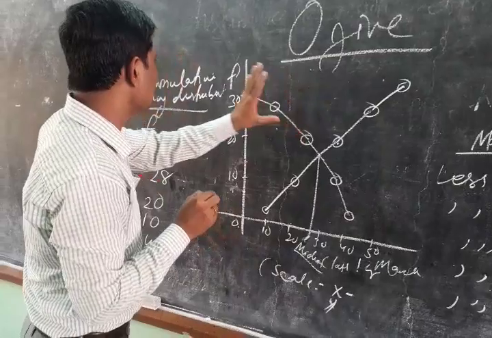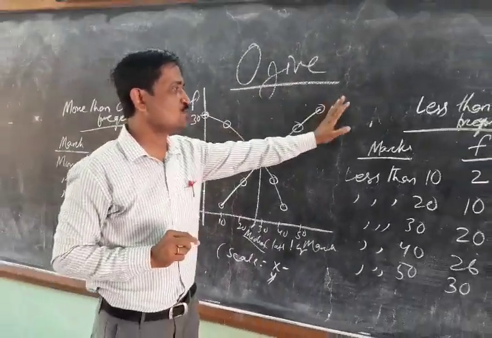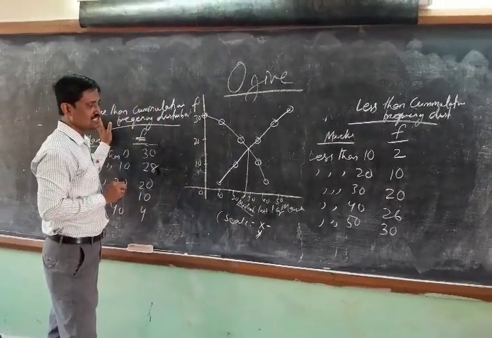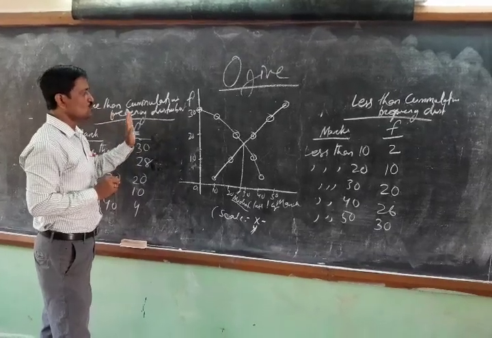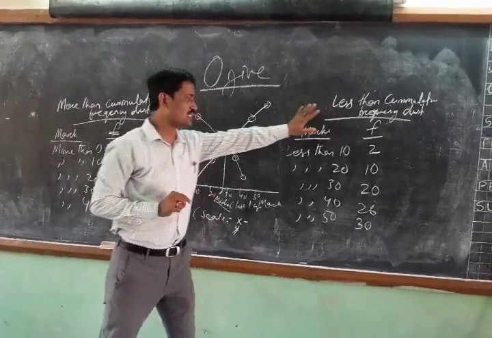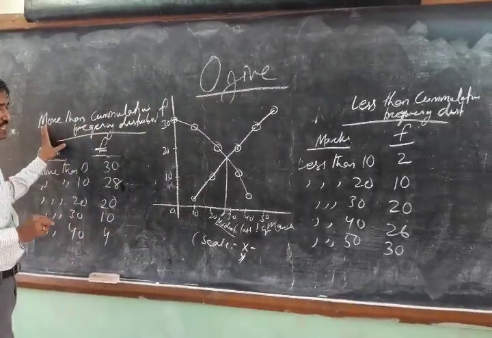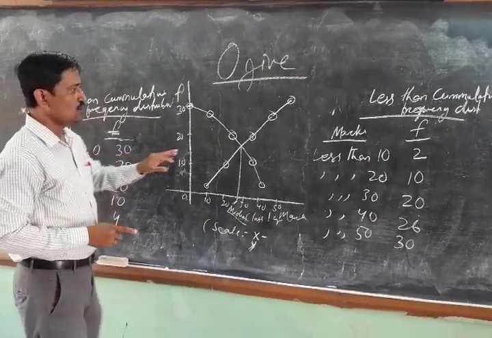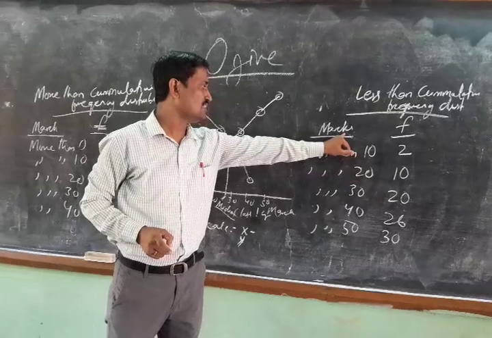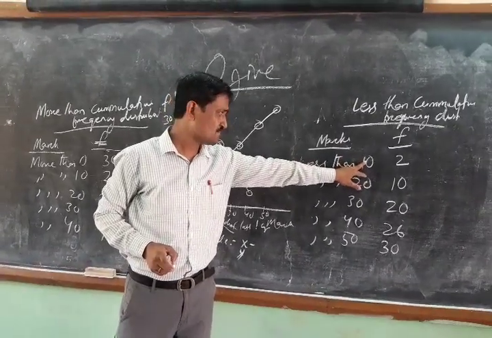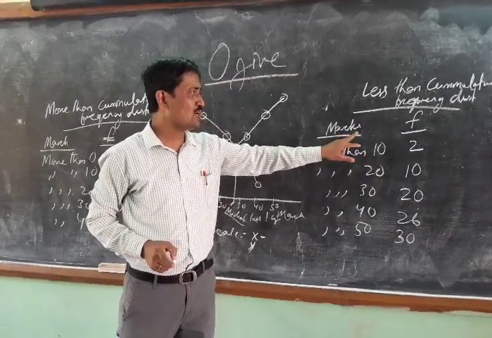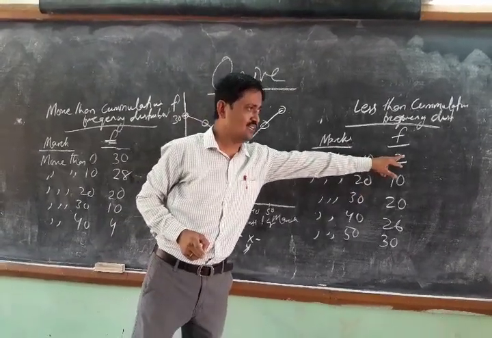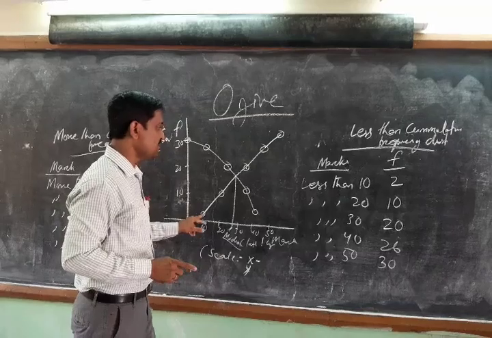The most important thing to draw the ogive is that first we have to construct the less than and more than cumulative frequency distributions as the required data. Second, for the less than ogive you will take the upper limit of the class with the frequencies for locating different points.